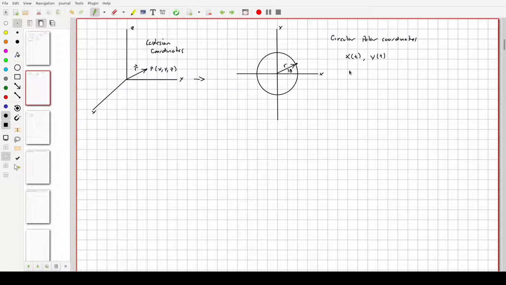Okay? So what that means is that your radius itself, the length doesn't change, but theta might be a function of time. So instead of having two things that continuously change, here you have one thing that continuously changes, which is incredibly convenient. So circular polar coordinates, when it comes to dealing with simple rotational motion like this, definitely the way to go.